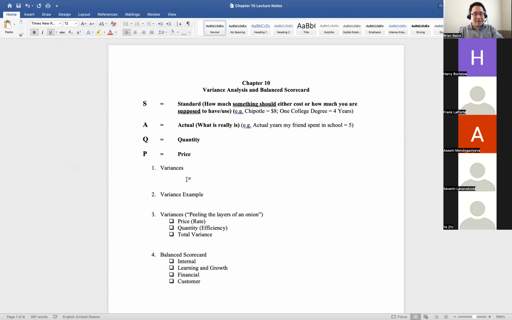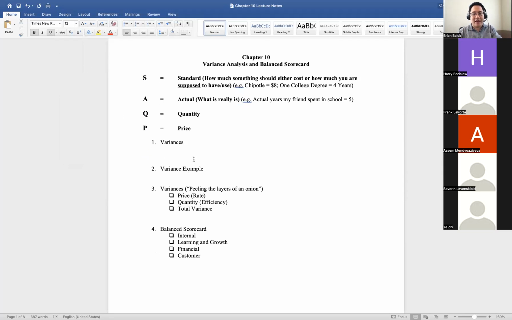Okay, all right, so I have a secret for you. The secret is that when you do variance analysis, there's one formula that you need to know in this chapter. But before we do variance analysis, let's define what we're talking about. Let's say we have vacation cost. The weather is getting nice, so hopefully you can all take a vacation in the summer, or maybe you took one during spring break. With vacation cost, you can have budget, you can have actual, and then you can have the variance.